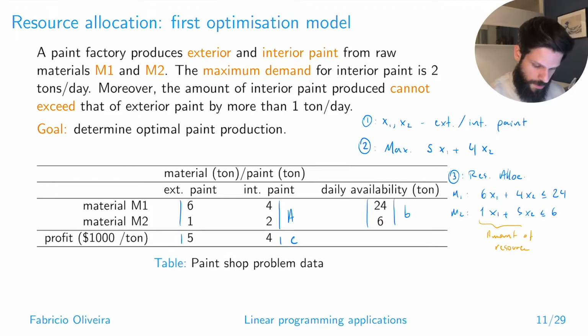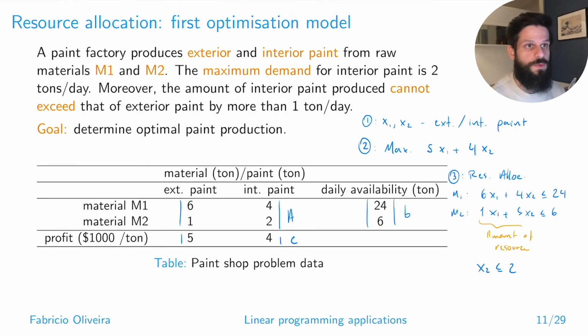And now I have the extra business rules. The first one is that the maximum demand for interior paint is 2, and interior paint is x2. That's telling me there is no point making more than 2 tons per day of x2 because I don't have demand for that.